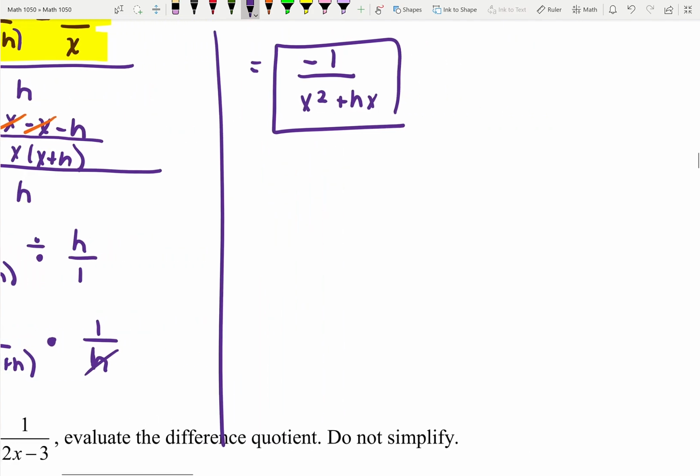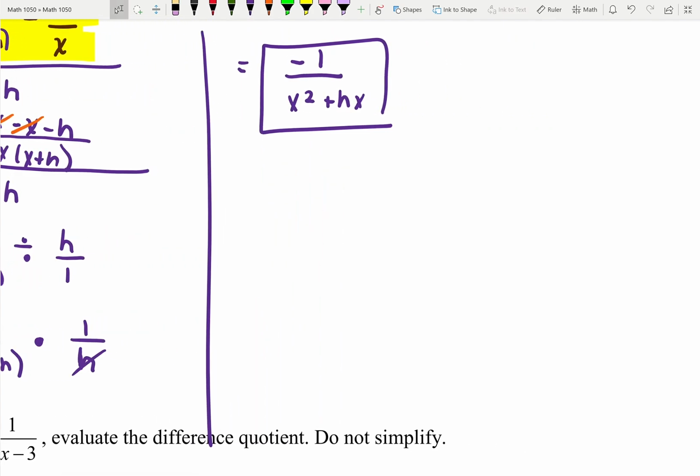Okay? I just want to say one thing really fast, just to make sure you guys understand something. Look right here. If you have x over x plus 3, totally separate from the problem I just did, can this x on the top cancel with this x on the bottom? The answer is no. The reason why is this.